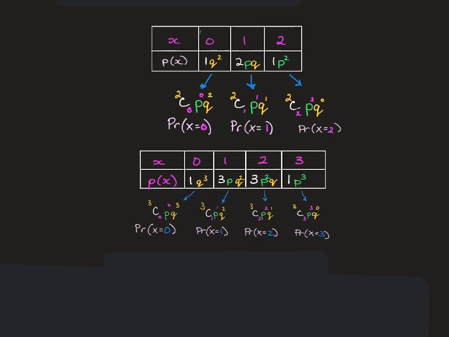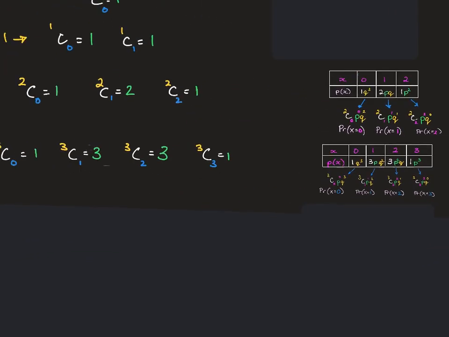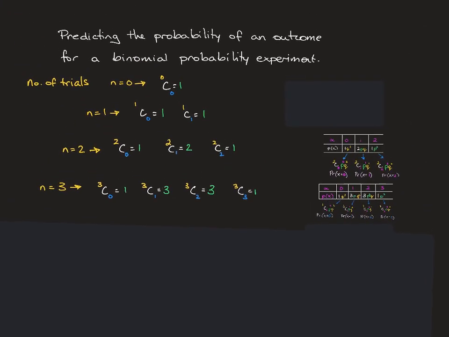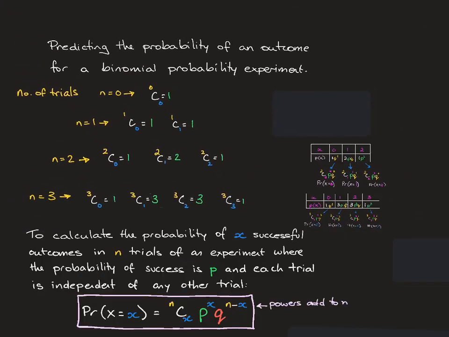So let's have a look and see if your pattern is the same pattern as what I got. To calculate the probability of X successful outcomes in N trials of an experiment, where the probability of success is P and each trial is independent of any other trial, this is the pattern that we use.